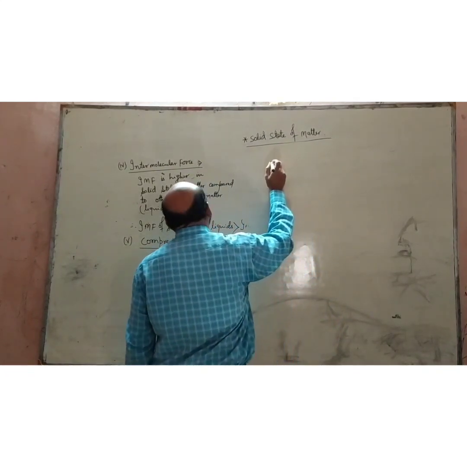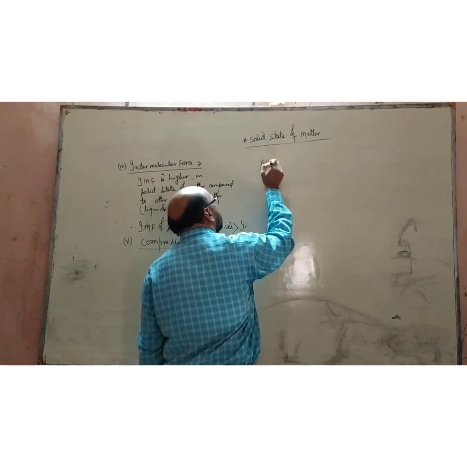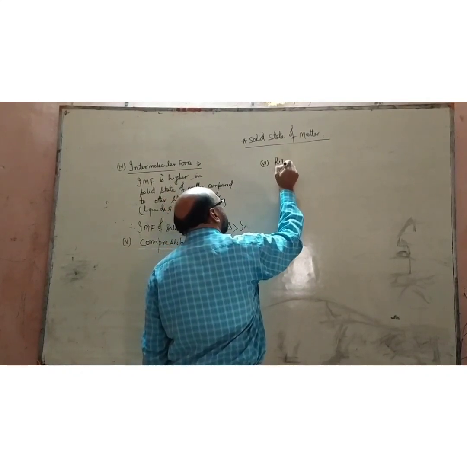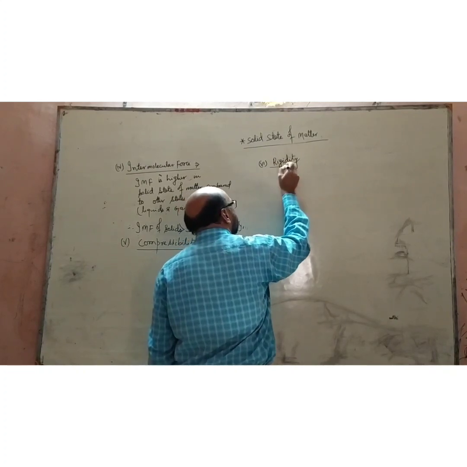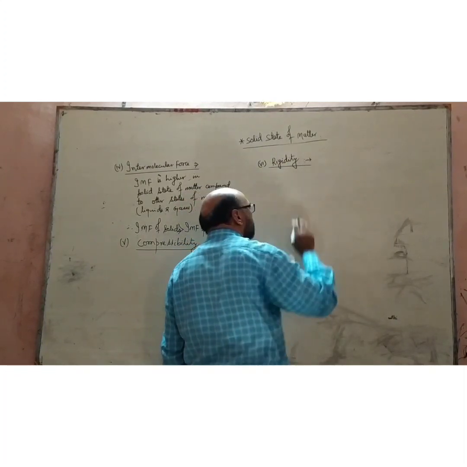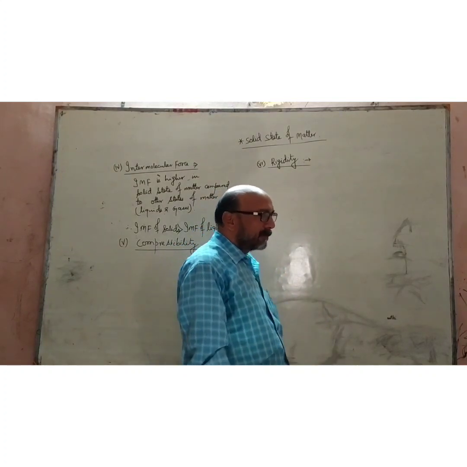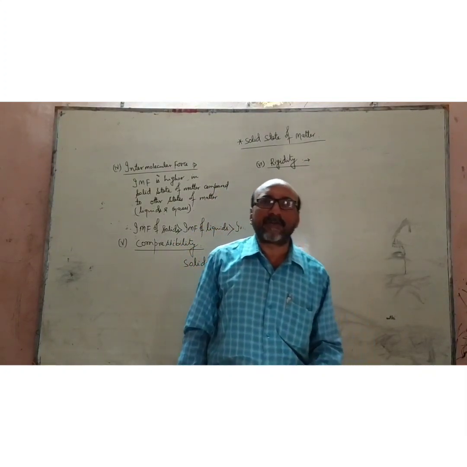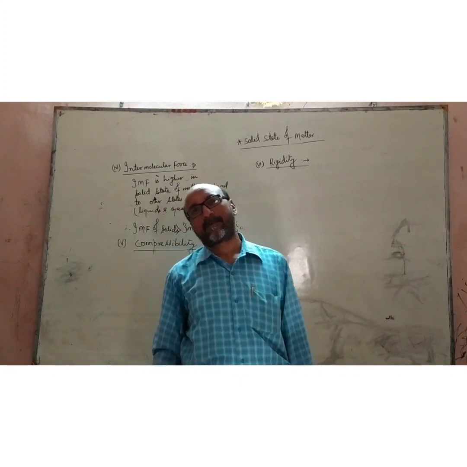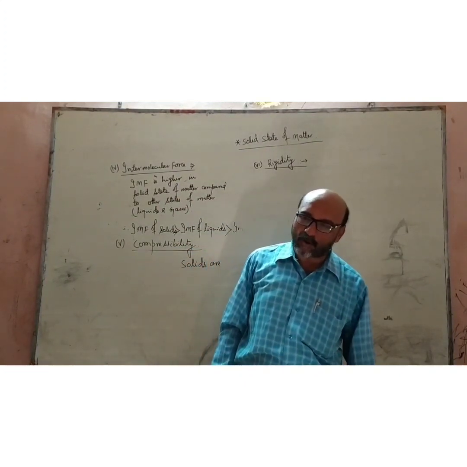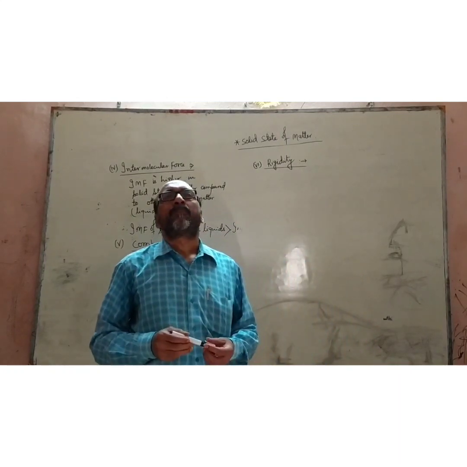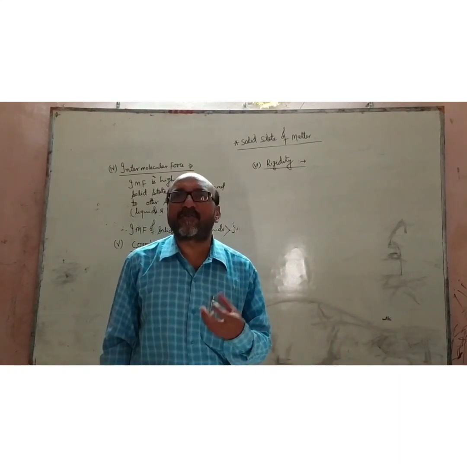Rigidity is the property of solids due to which we can say solids have a fixed and rigid shape. And again, the explanation is almost the same in the solid state of matter.